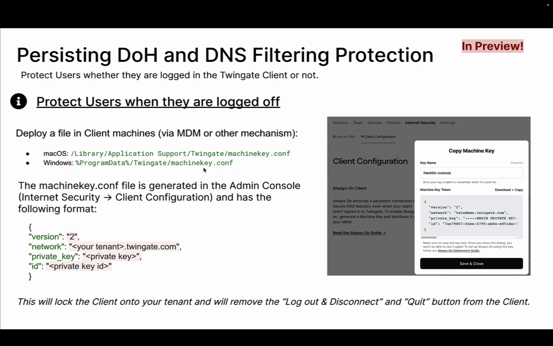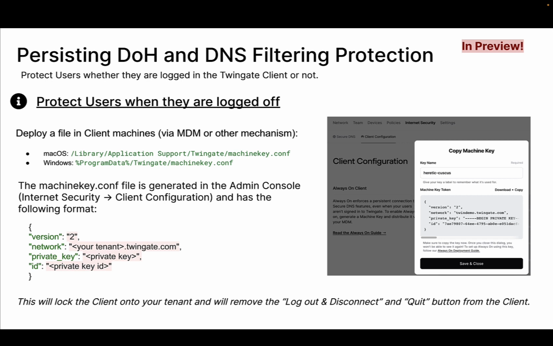You're going to do exactly the same thing. You're going to provision those machine keys, and you're going to distribute them to your devices via MDM. The subtle difference between the machine key in version 1 and version 2 is that in version 2, not only does it remove the quit, logout and disconnect buttons, but it also provides DOH and DNS filtering even if the client is not authenticated.